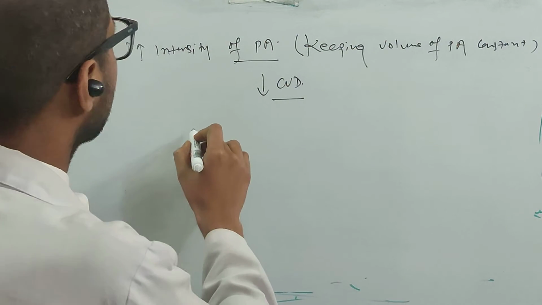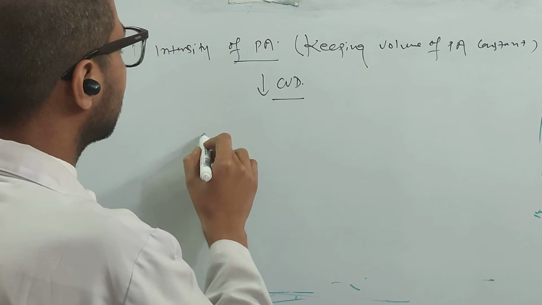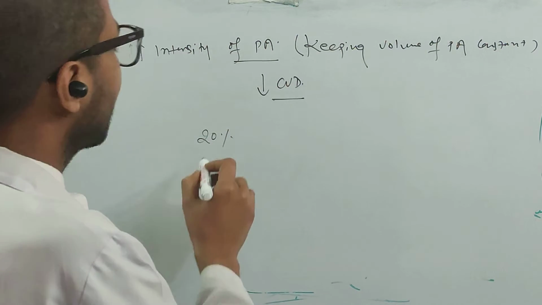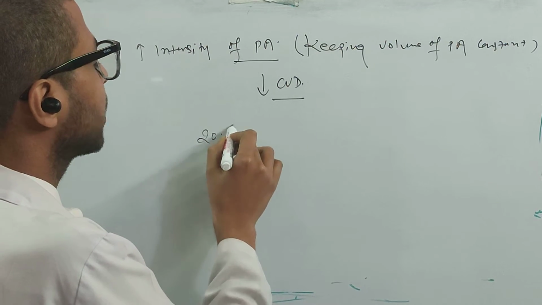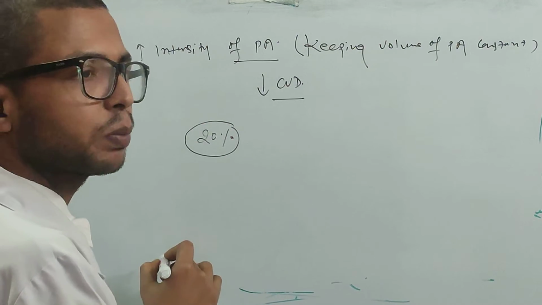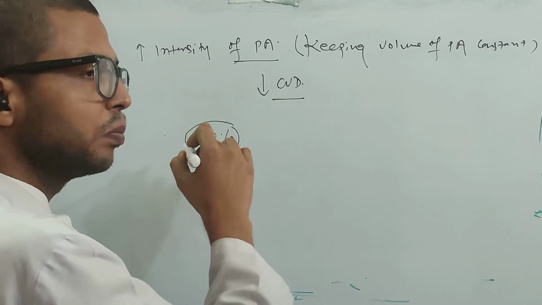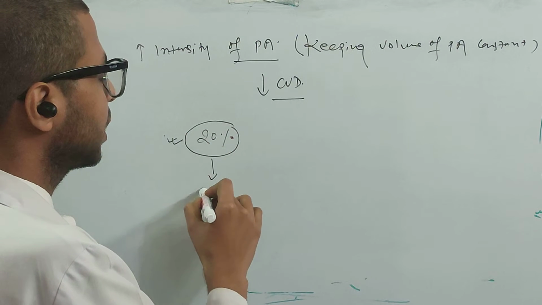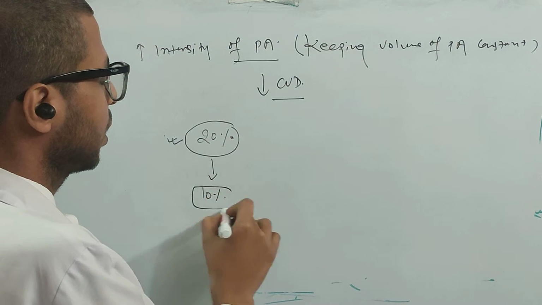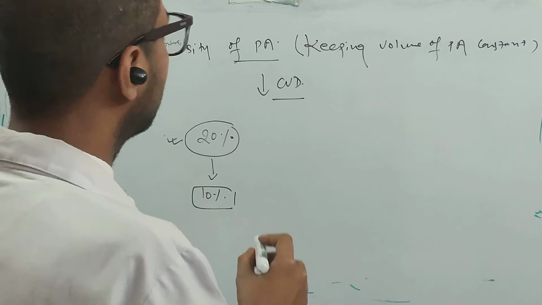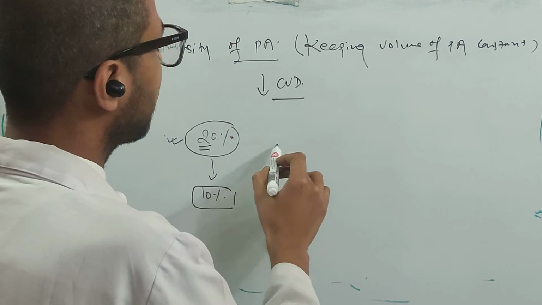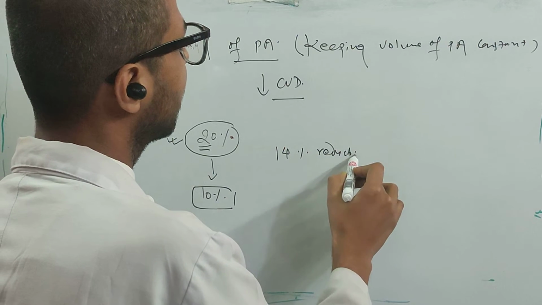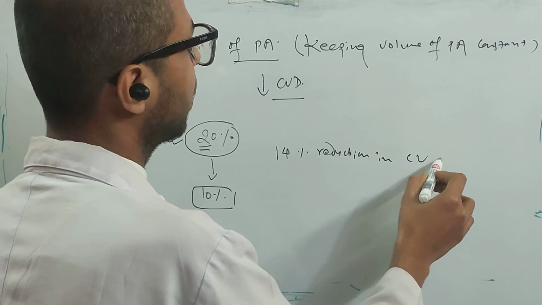So see what they have shown. In one group of participants, they kept moderate to vigorous intensity physical activity at 20% versus reducing it to 10%, and they found that if you kept it at 20%, there was a 14% reduction in cardiovascular disease.